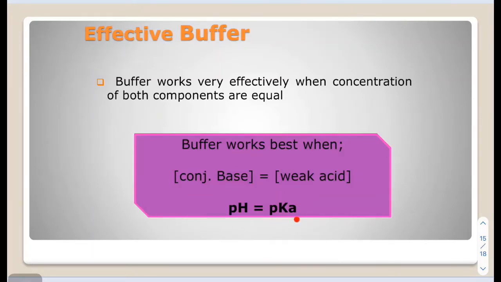Remember pKa means negative log Ka, acid dissociation constant. And then if we have a basic salt, it will be pOH equal to pKb. So this is for the acidic, this is for basic.